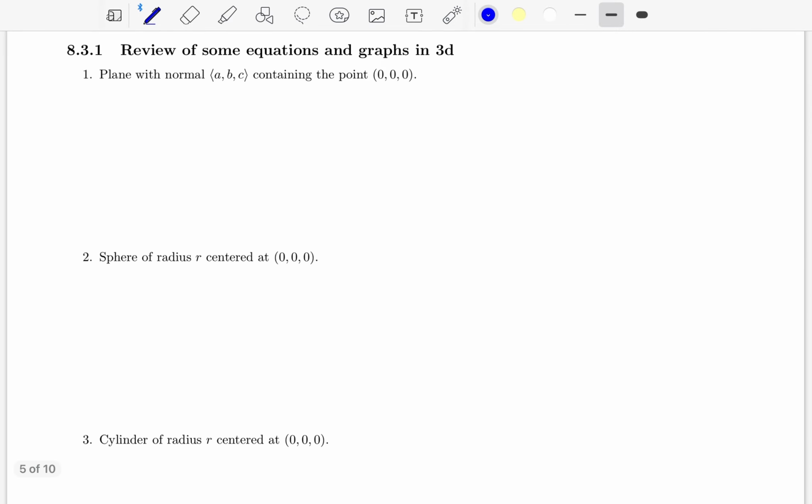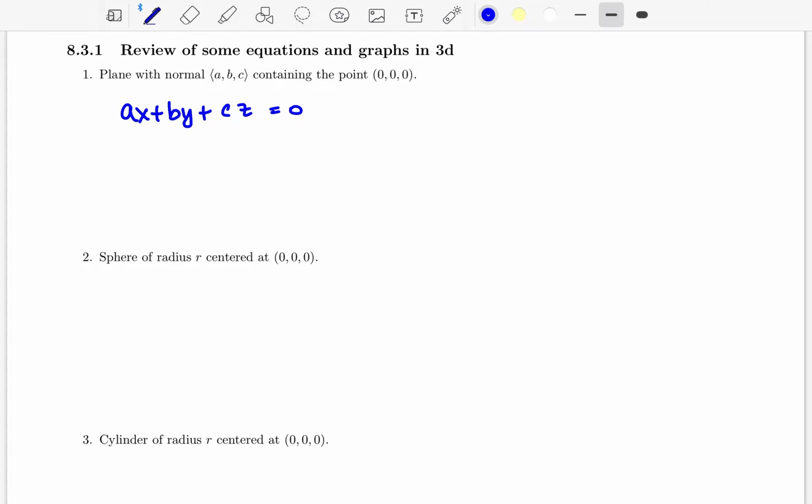So we know that the equation of a plane with normal vector ABC containing the point 0, 0, 0 looks like ax plus by plus cz equal to 0. We know this from a couple of sections ago. Now, in this section, if I want you to graph a plane, I'm not going to give you the equation like this. I'm going to give you a function of x and y.